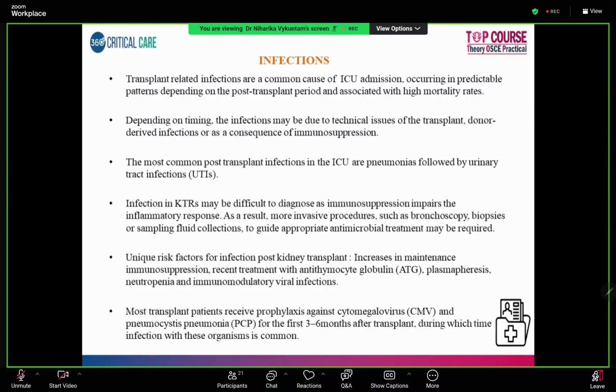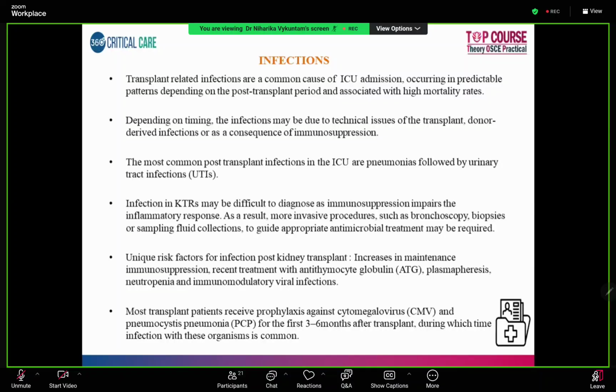So the most common transplant infections in kidney transplant patients are first pneumonia, followed by urinary tract infections. Okay. Since these patients are on immunosuppressive drugs, they will not be able to mount a proper response, or the cultures might not be positive when you take them in a normal way.